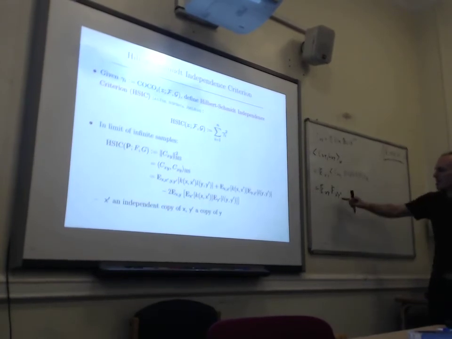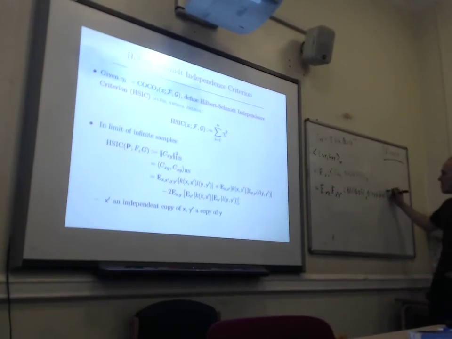So I need to maintain the independence of the variables from this and the variables from that one. This is for the independent copies, and now I've got my one from up here, x tensor y.